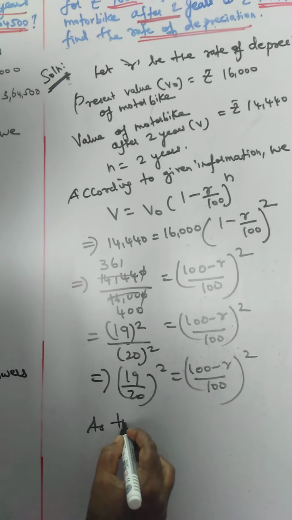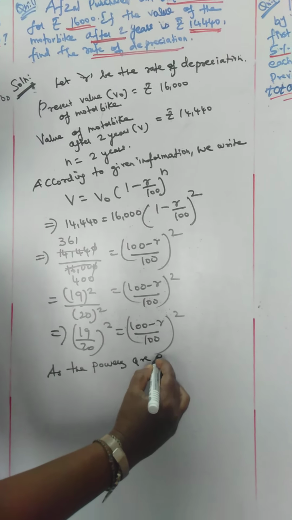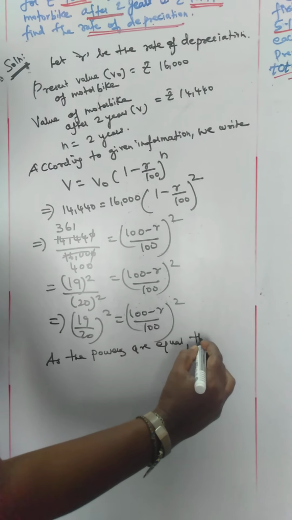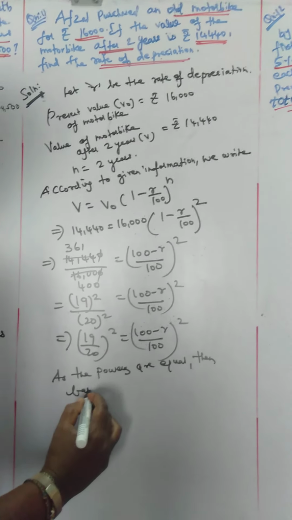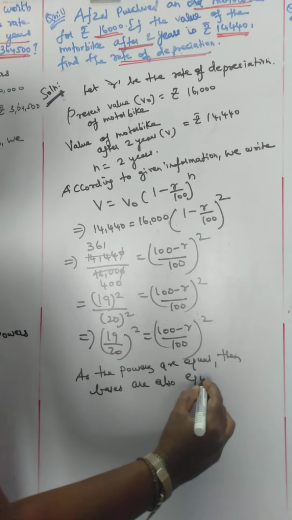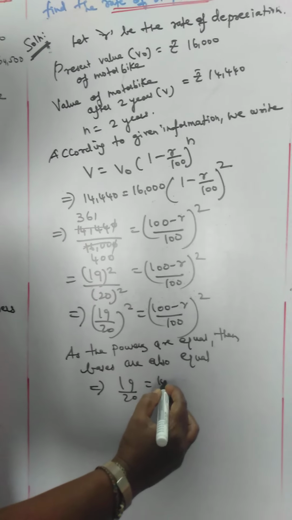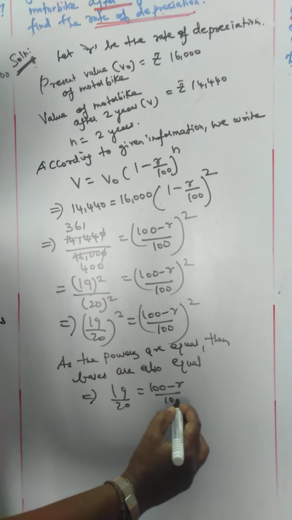As the powers are equal, then bases are also equal. So which implies 19 by 20 equal to 100 minus r by 100.